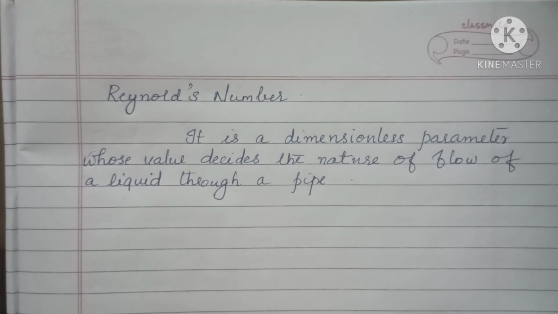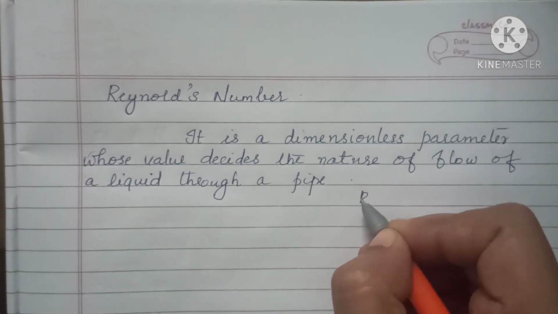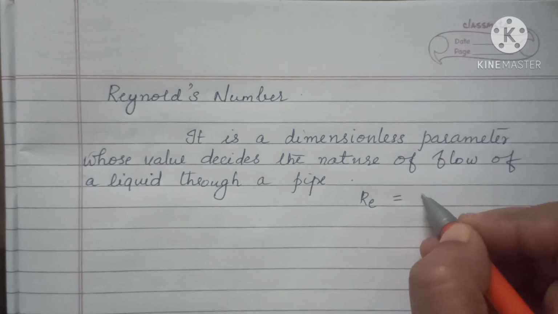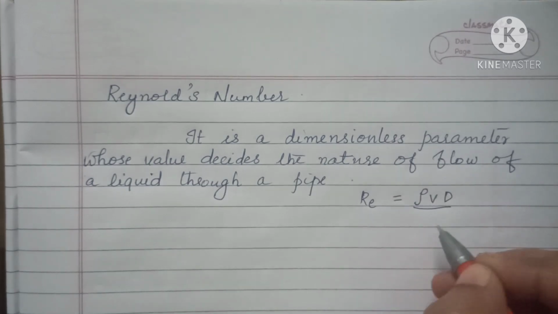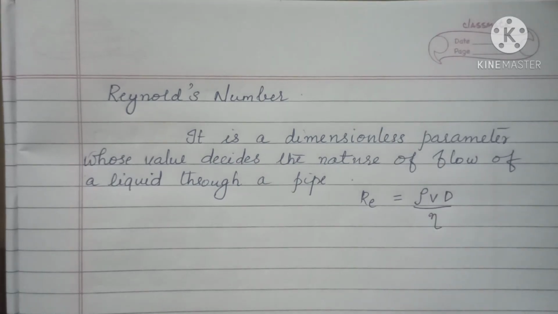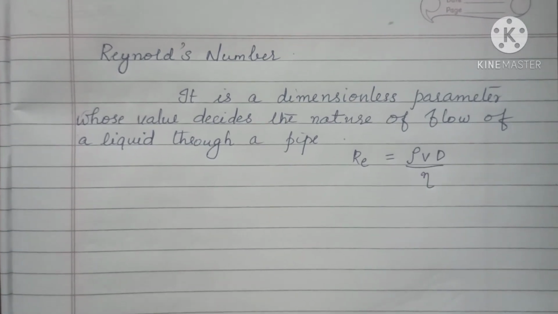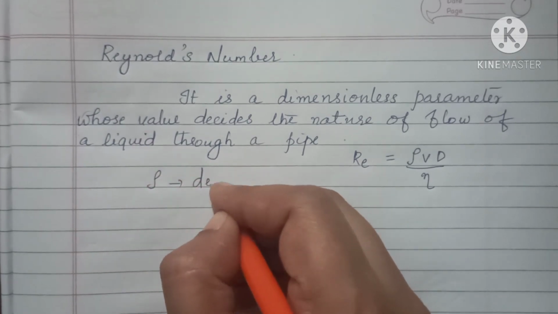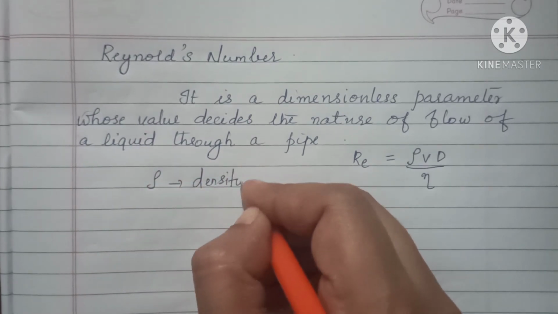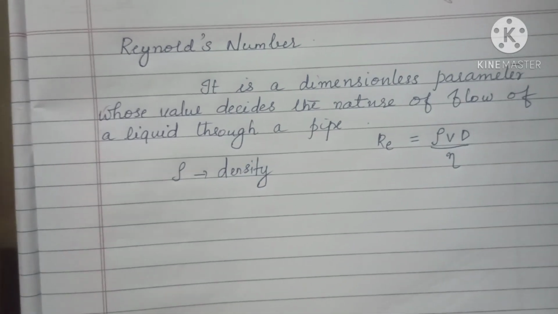The equation for Reynolds number is indicated by Re, which is equal to rho V D divided by eta, where rho is the density of the liquid.